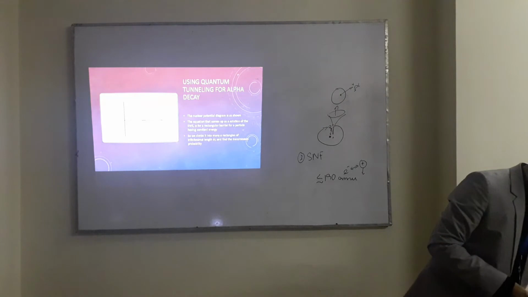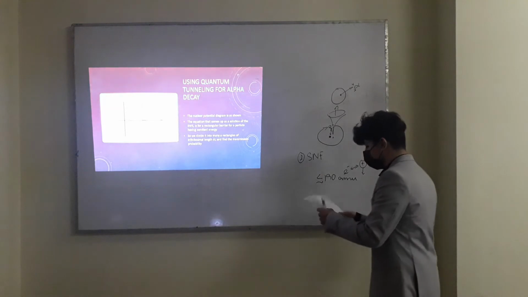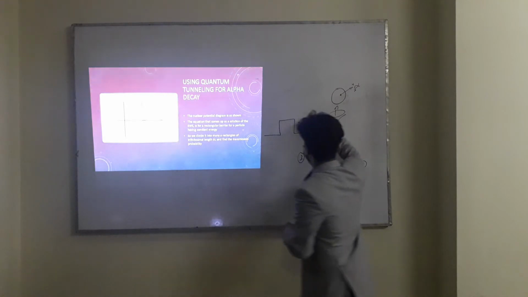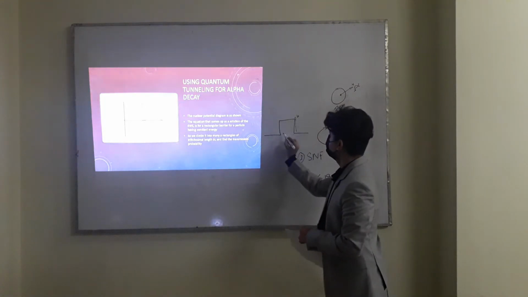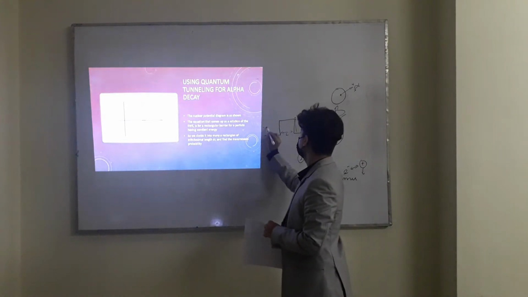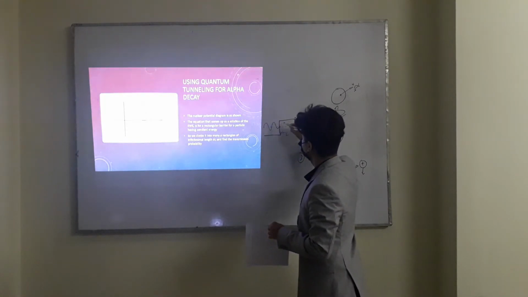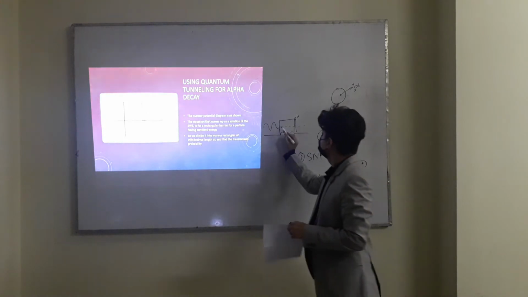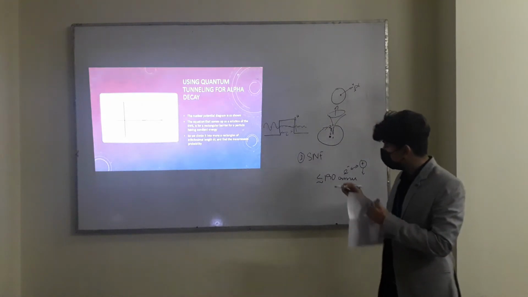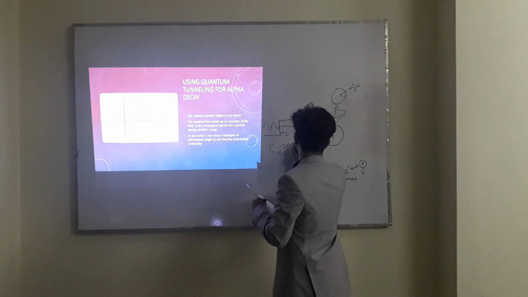You see, the potential diagram that defined our transmission probability was kind of like this, where the height of your barrier was U, the length of the barrier was L, and the energy of the particle that is trying to escape the barrier is E. Now, there is a certain probability that it leaves an evanescent wave out of it, and that probability is T equal to e to the power negative k2L.